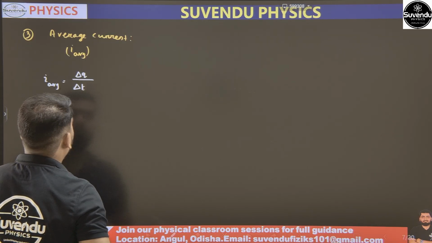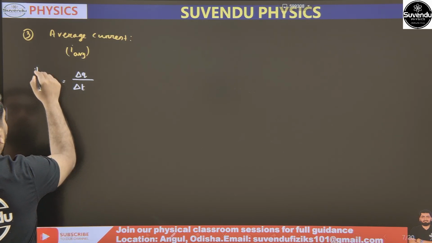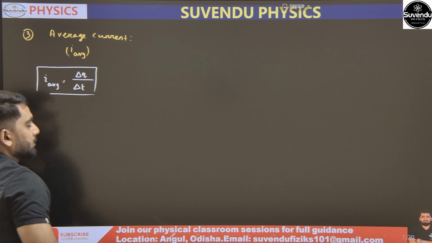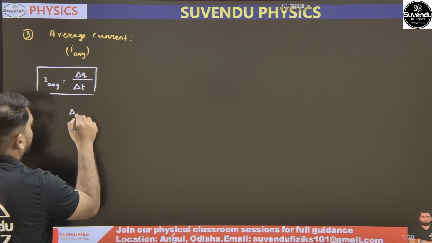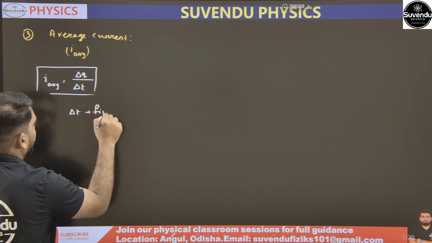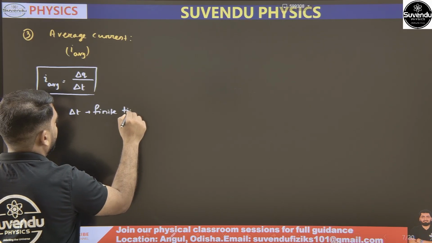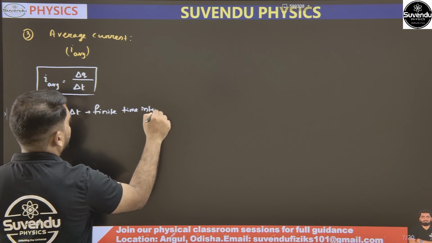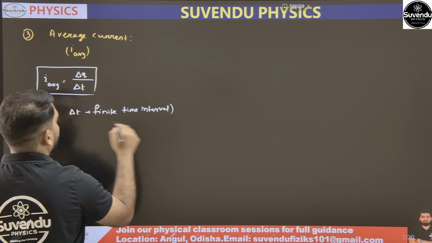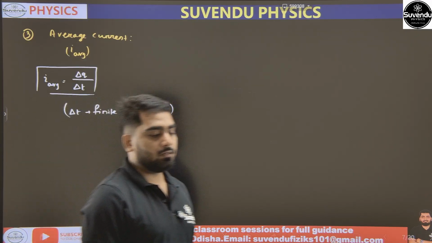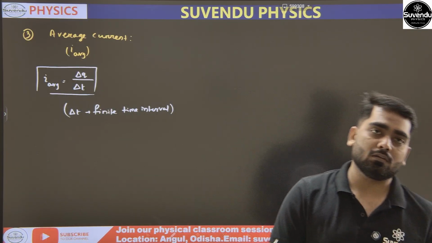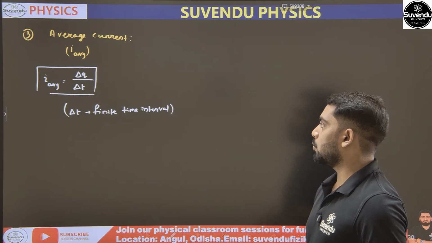Del q by del t is equal to I average, and this del t is our finite time interval. This interval is not very small. In each and every case our unit and dimension remain the same.